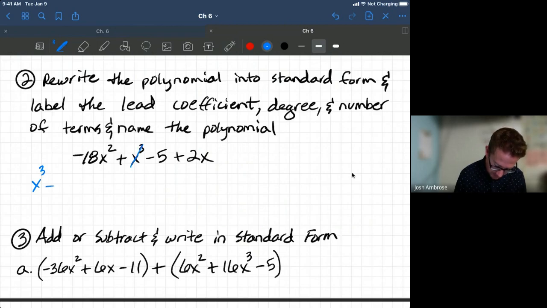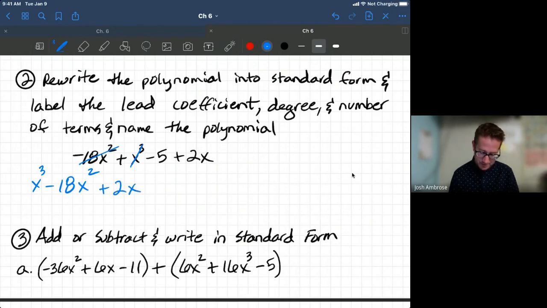Then minus 18x squared, because now we're looking at the second biggest exponent. Then plus 2x, that has an exponent of 1, and then minus 5. That has no variable or exponent with it at all. So that's step 1, writing it into standard form.